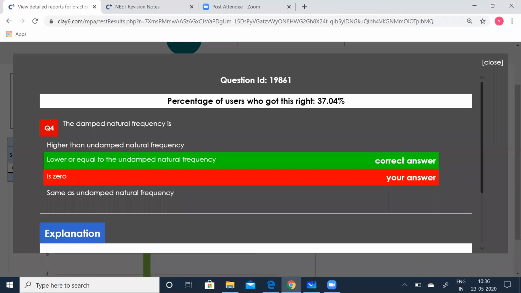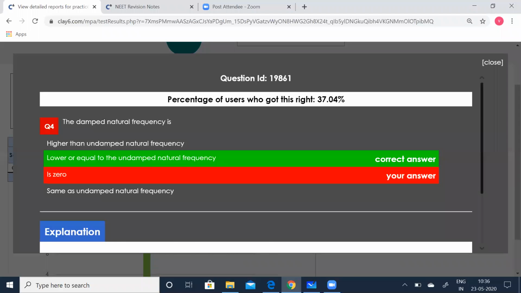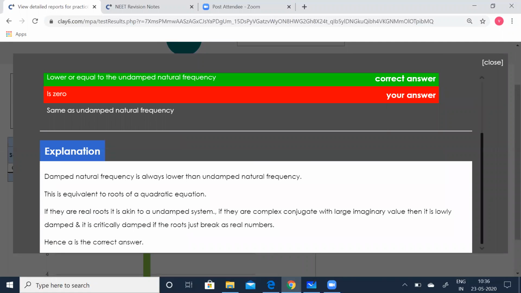The statement is that the damped natural frequency is lower than or equal to the undamped natural frequency. Let us see the explanation. Damped natural frequency is always lower than or equal to the undamped frequency, depending on the roots. If they are real, it is similar to the undamped system. If they are complex conjugates with large imaginary values, then it is lightly damped, and it is critically damped if the roots just become real numbers.